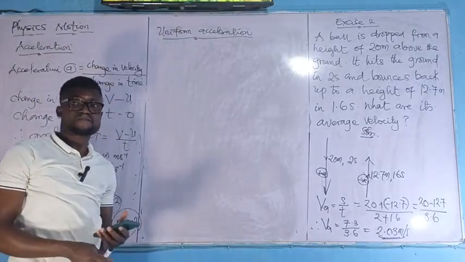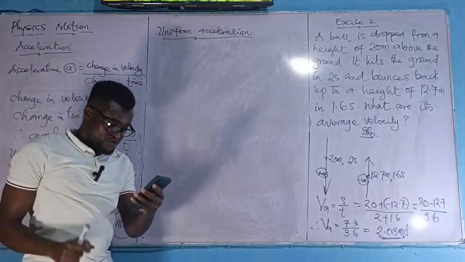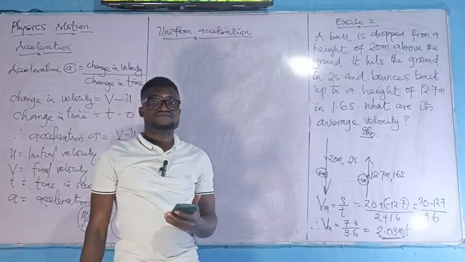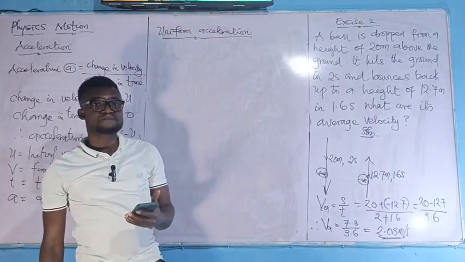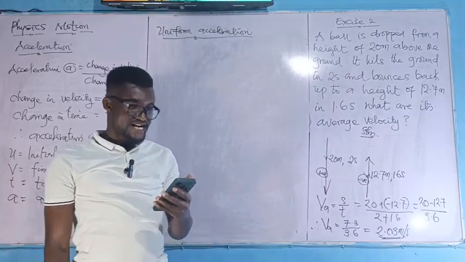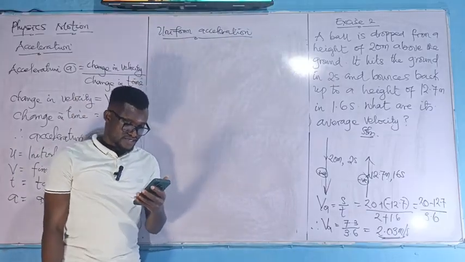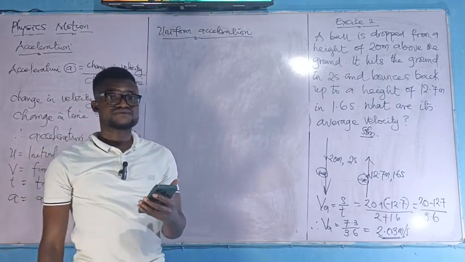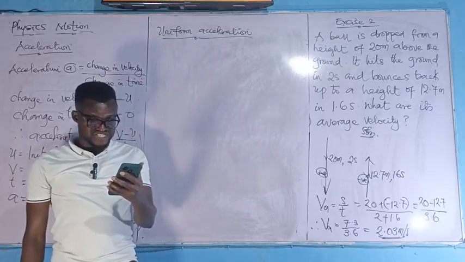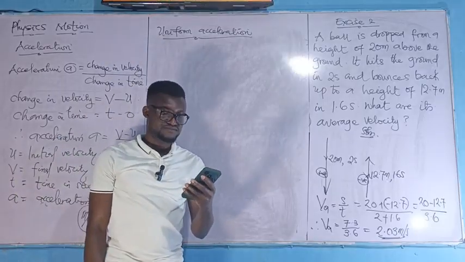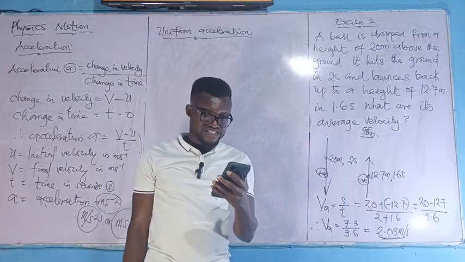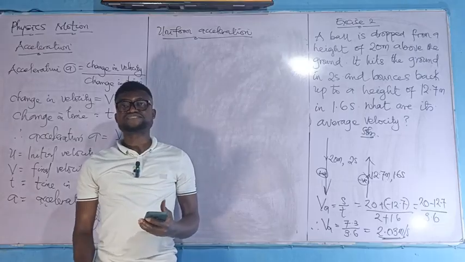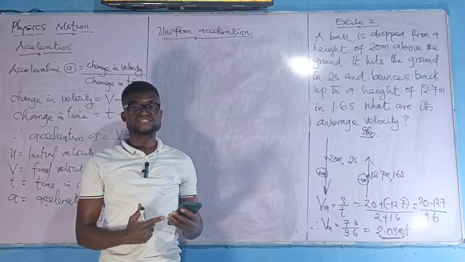You write: uniform acceleration is a type of acceleration in which the change of velocity with respect to time remains constant.